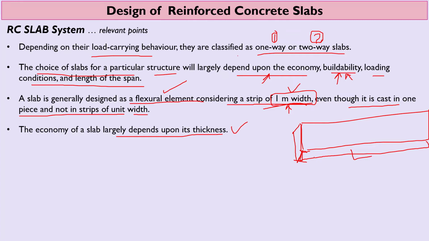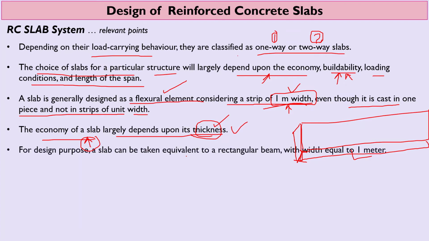That means how much material is required, and accordingly the economy will be checked. Whatever the cost of the slab and the construction material required, that directly depends upon the thickness of the slab.